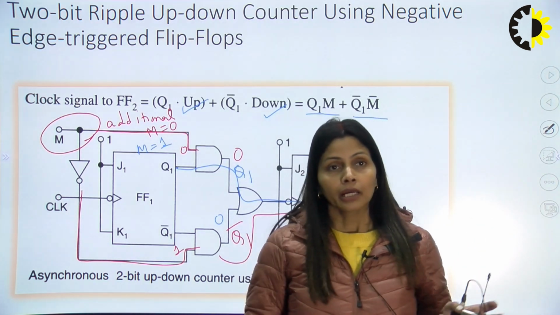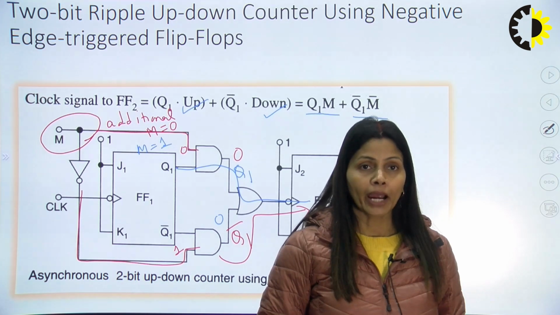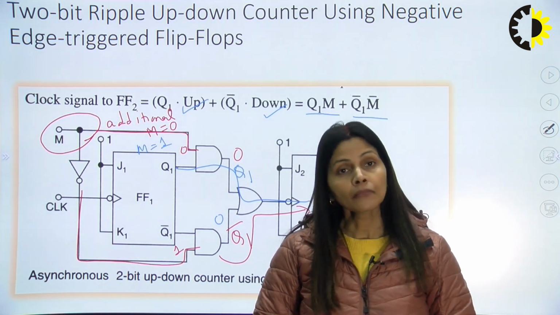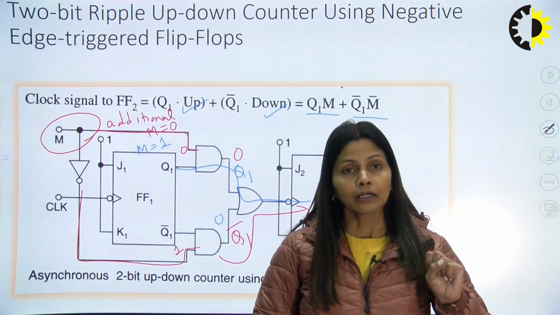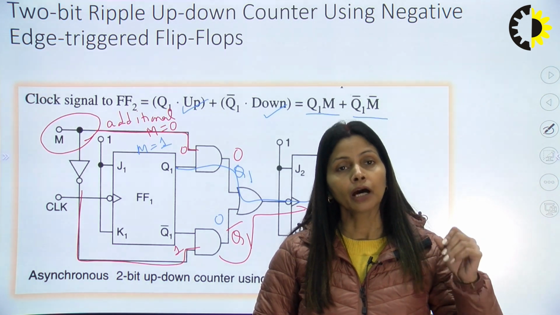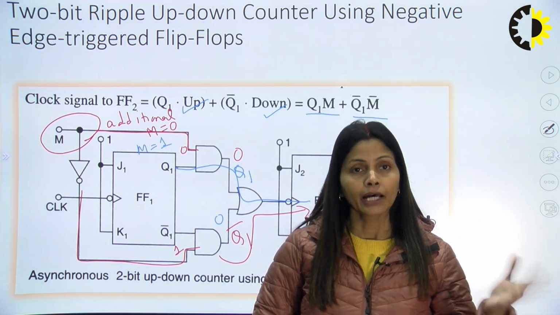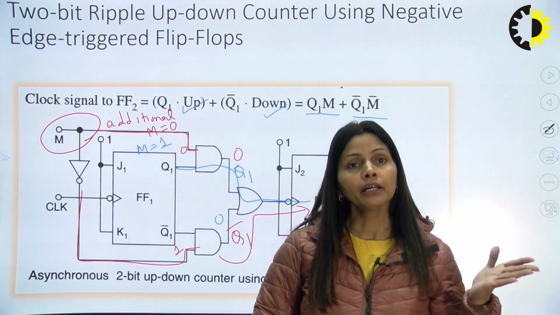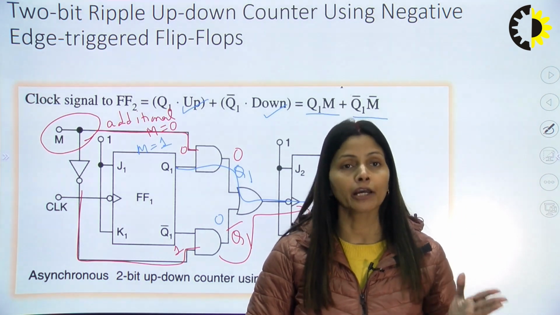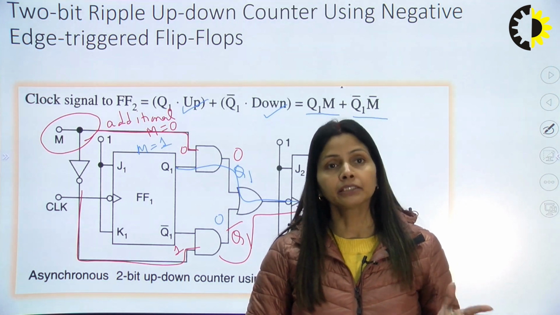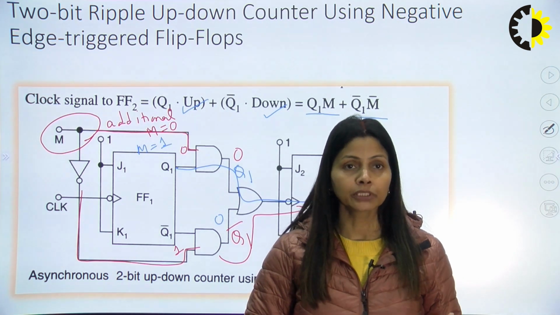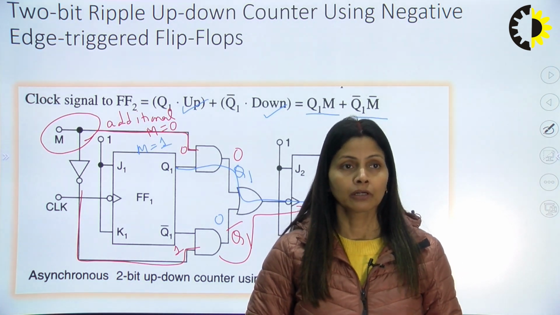So in this way, by using 2 AND gates and 1 OR gate, I can design one asynchronous counter which can count in the upward direction as well as in the downward direction. The only important point is that I need to operate both flip flops in toggle mode.